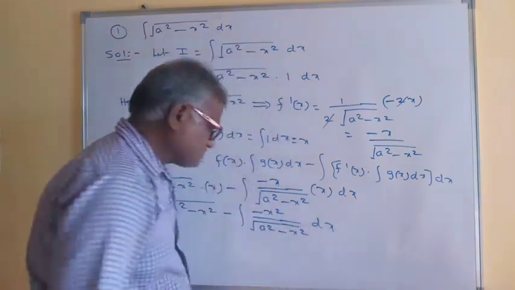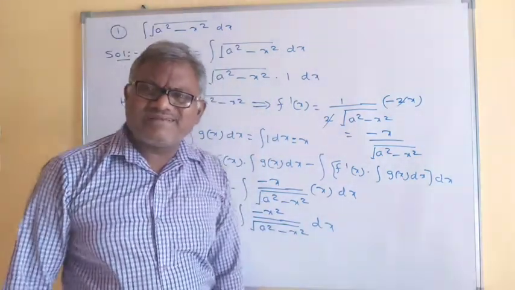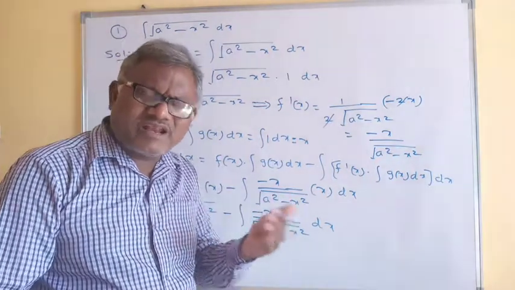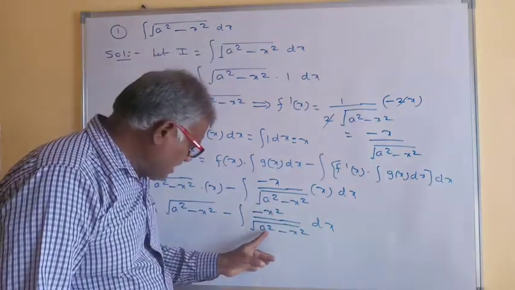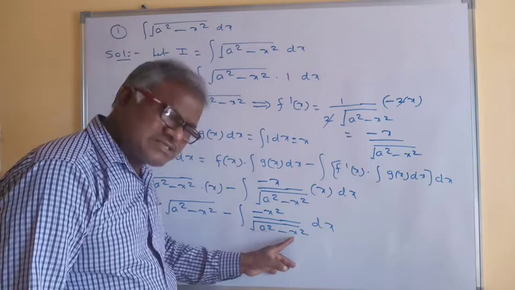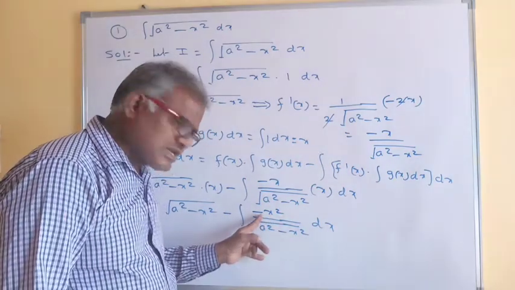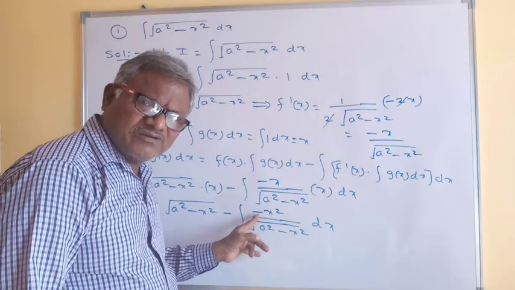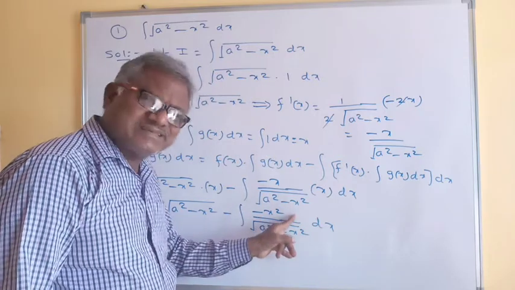With the help of the denominator, we have to rewrite the numerator. In the denominator, under root a square minus x square, minus x square is already there. So simply add plus a square minus a square.